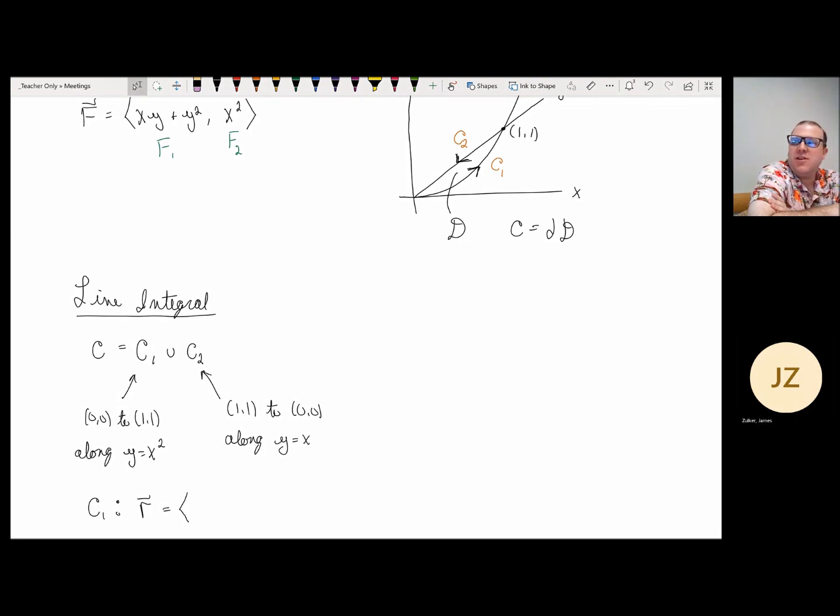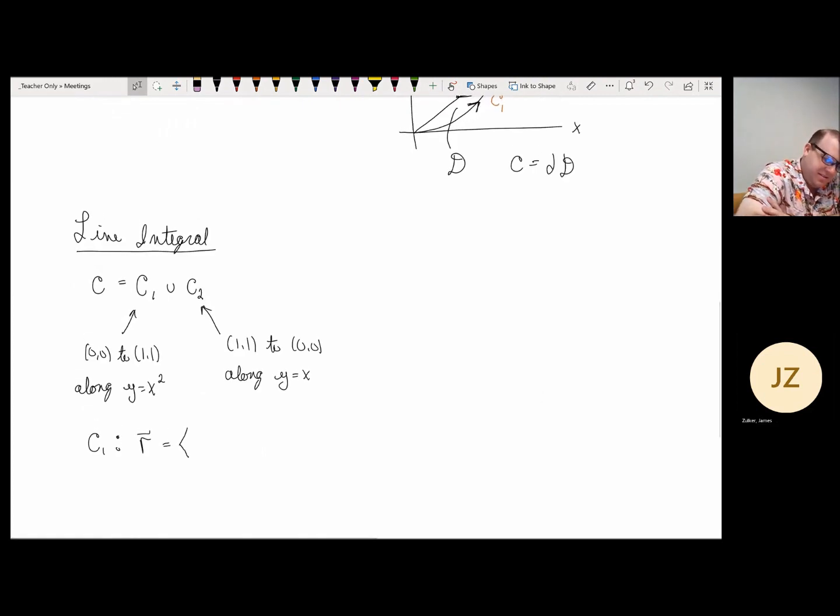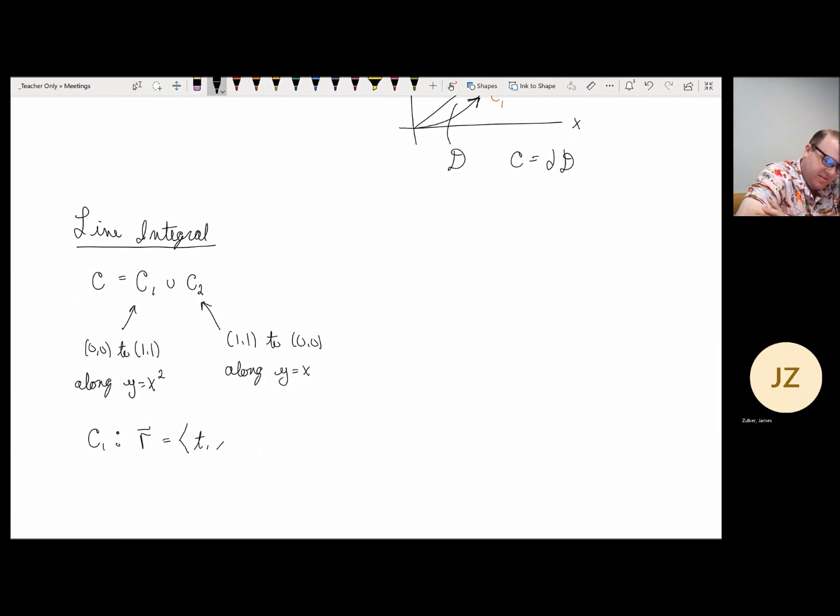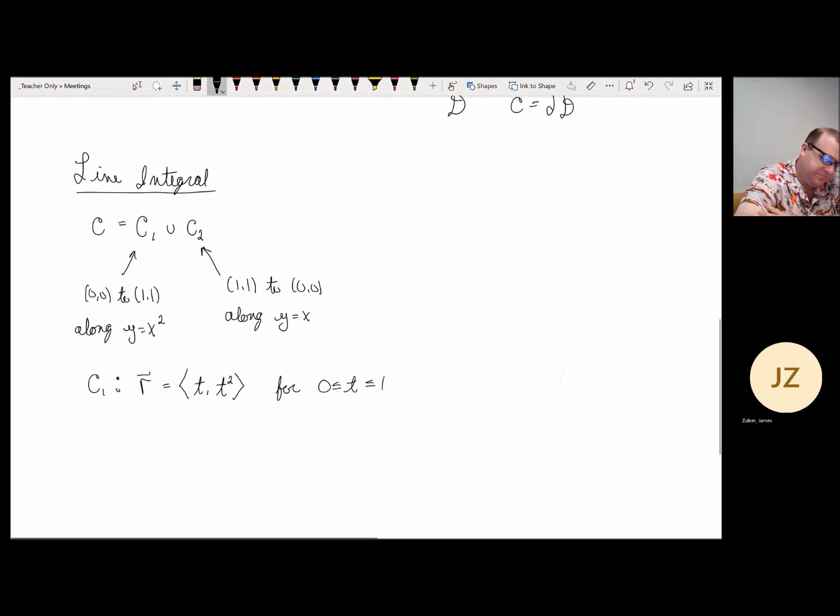So t squared, is that your x component or y component? Y. What's your x component? T. And what is the domain? The valid parameterization? What about C2?